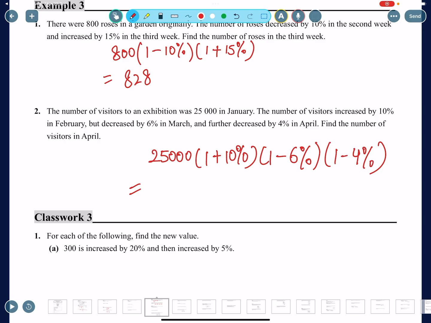You know how to do that now. Sorry, there's a lot of things to put. $24,816. That's what it's going to be. 24,816.